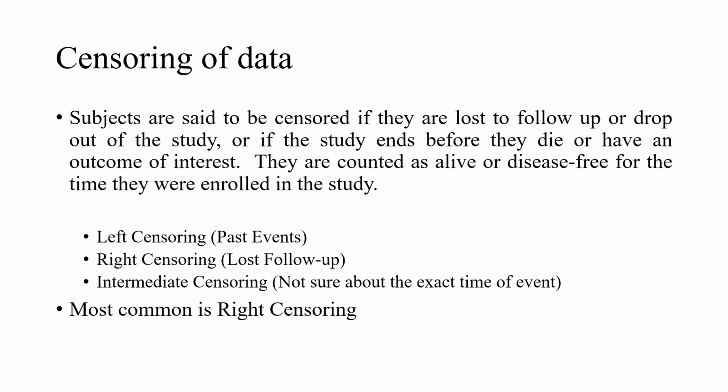Left censoring means the event actually happened in the past. This type most commonly occurs for events which can happen multiple times for a specific patient or subject, just like a heart attack. From your experience, a patient may come to you having a second or third heart attack, while the earlier ones he might not be aware of.